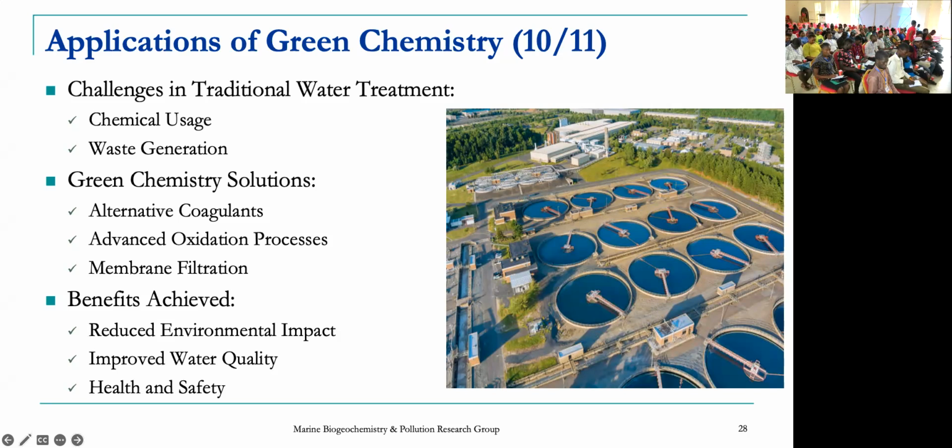The AOPs, that's advanced oxidation processes such as photocatalysis and ozonation, utilize environmentally friendly oxidants such as hydrogen peroxide or ultraviolet light to degrade organic pollutants in water. These processes minimize the formation of harmful disinfectant byproducts, and of course they also tend to reduce chemical usage.